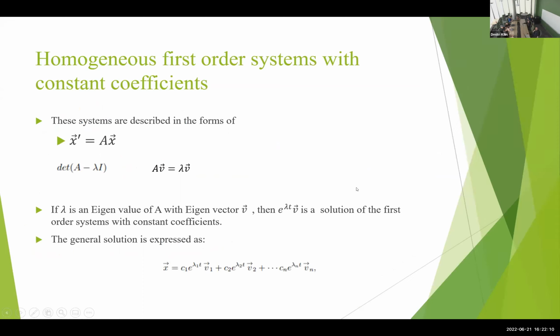Here, as you see, the determinant of A minus lambda I, and next to it is another equation. After you calculate lambda, you can use this equation for calculating the eigenvector. Is that your question? The Wronskian is something else. Two equations. Thank you, though.